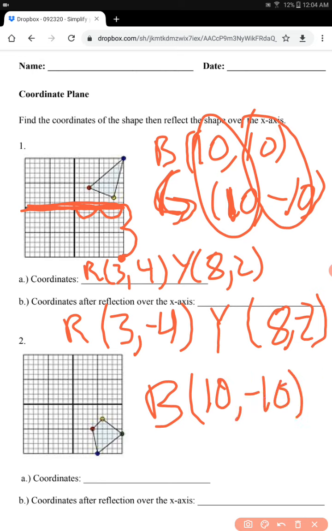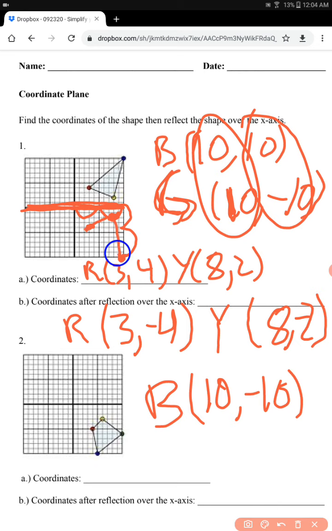You don't necessarily have to include these letters, but I just put them there so you can tell which point I'm talking about. Just as a demonstration, if we reflect all of these points on the graph over the x-axis, point yellow would become right here, and point red would become right here.